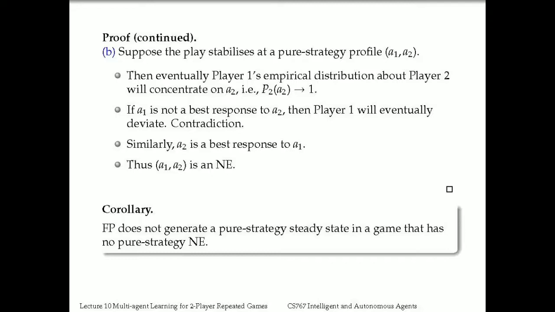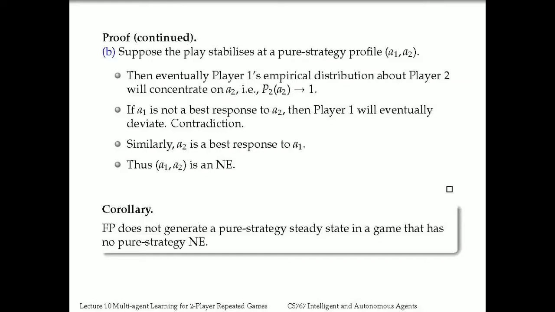But there is one thing that we have to be careful about, which is that the requirement that these strategy profiles are pure. So also on the downside, it means that suppose the stage game has no pure strategy Nash equilibrium, we know that there are lots of such games, then fictitious play does not really generate a steady state.